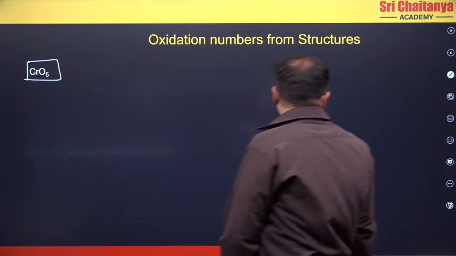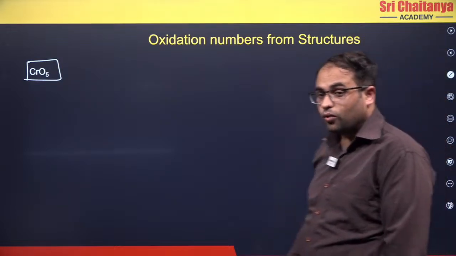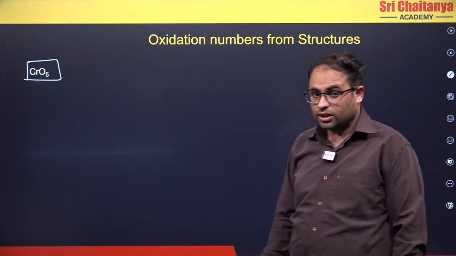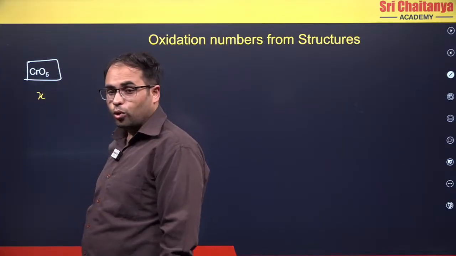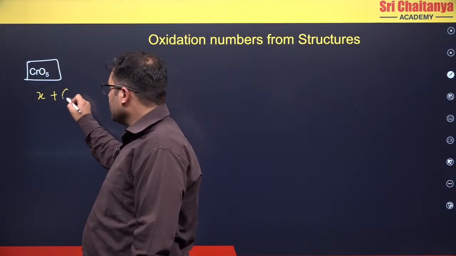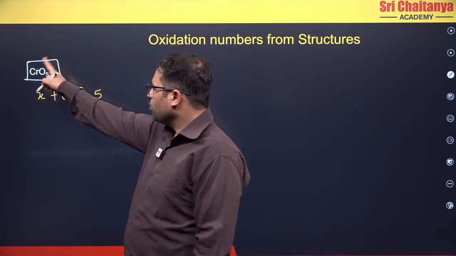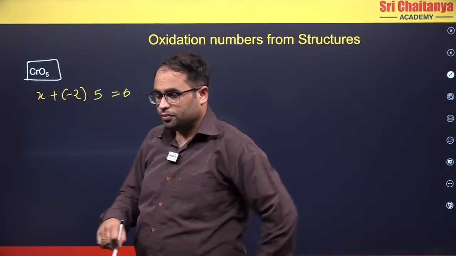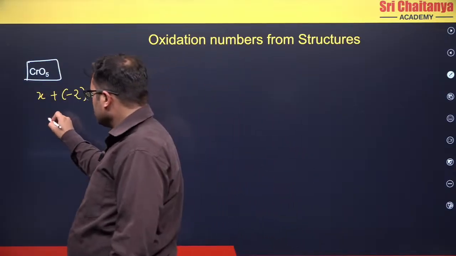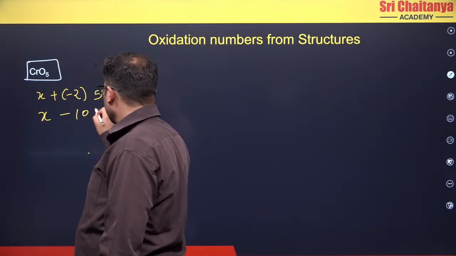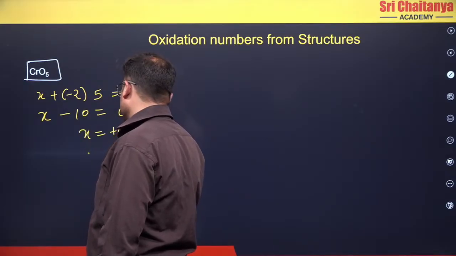Right. Now, if you, through the same calculation, try to find out the oxidation state of chromium here, let us get to that. So, X for chromium plus on each oxygen -2, 5 are there, and total charge on this is 0, right? If that is the case, X - 10 = 0, X equals +10.